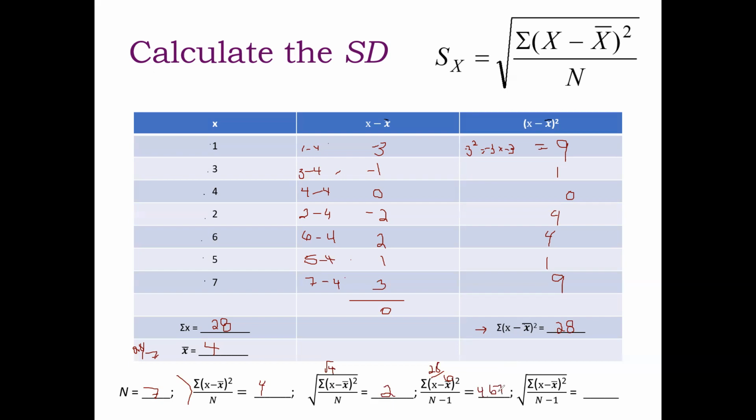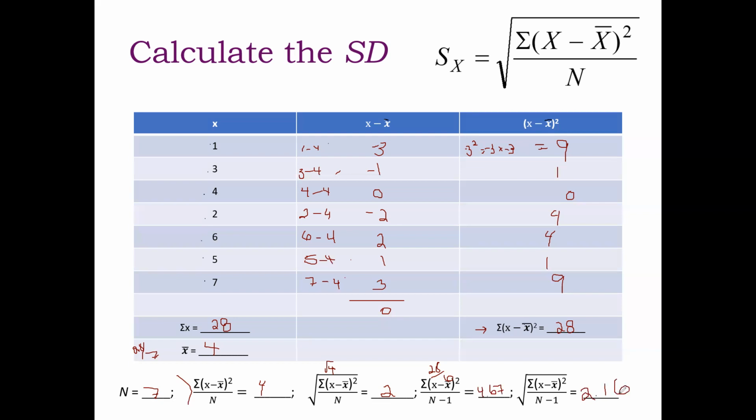We have to round to 2 decimal places always, unless otherwise instructed. To get the estimated population standard deviation, we have to take the square root of that number. Oh, I messed up my calculator. 4.67, no. It is 2.16.